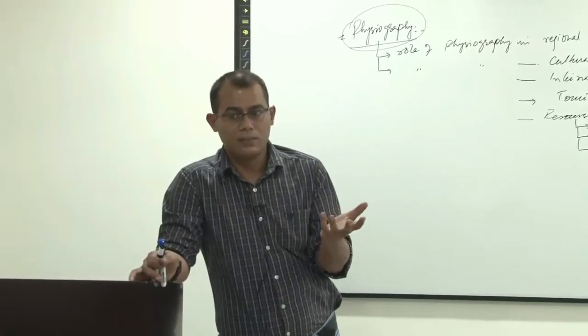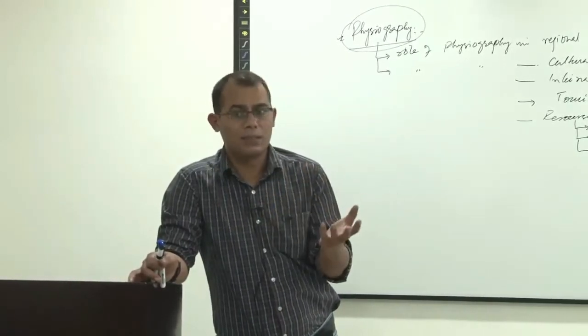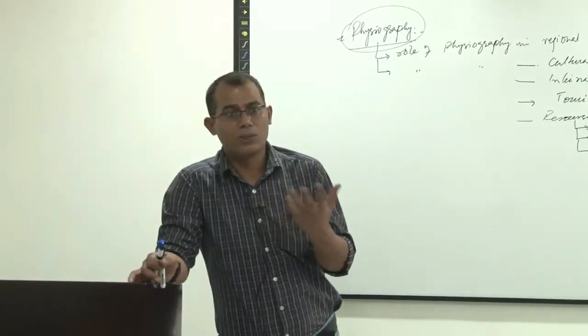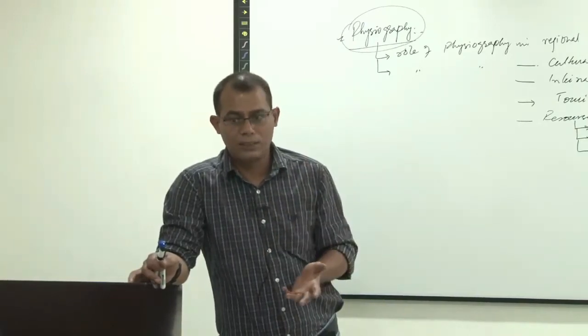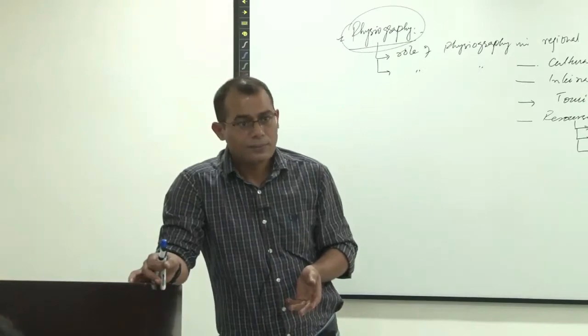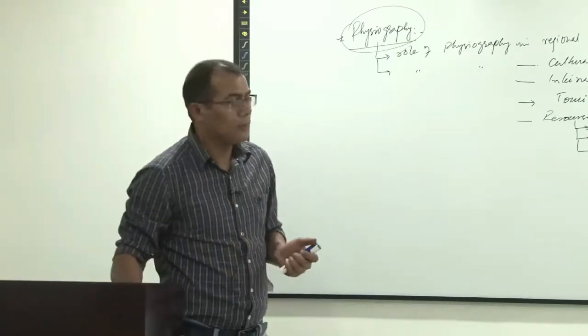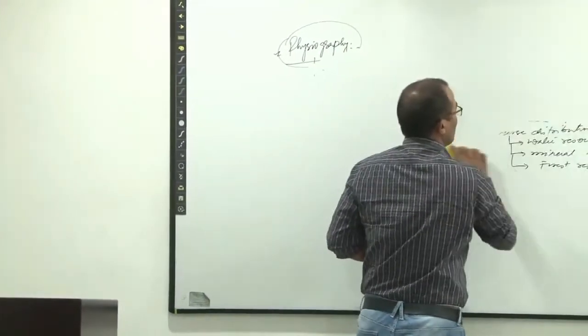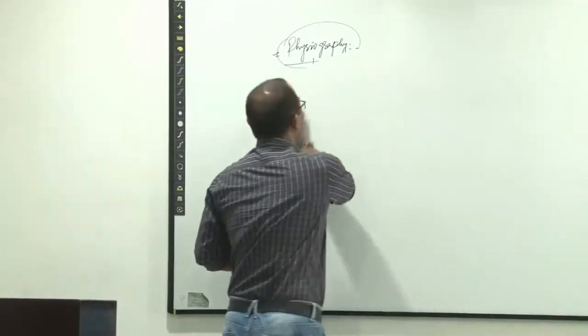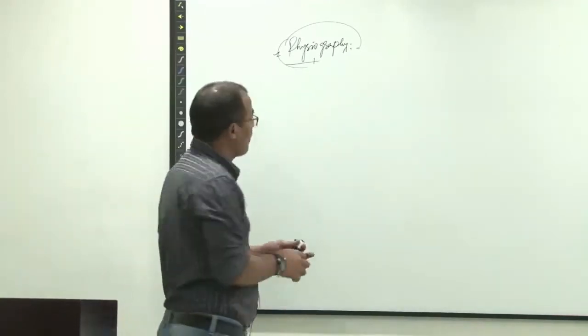Physiography is a bigger term. Landscape is a much bigger term in comparison to that. When we talk about landscape, then we talk about physical features plus various human activities associated with that. In India, we have 5 major physiographic divisions.